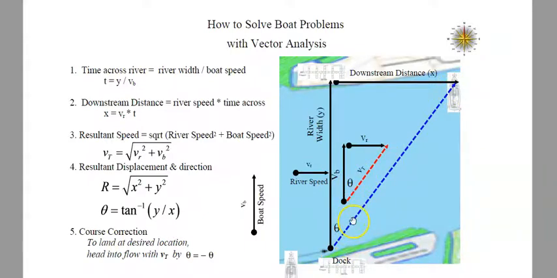The angles of both are the same, but the actual magnitudes, the amount of the distance covered in displacement is a much larger number. This is the physical distance the boat traveled across the river. This is the speed triangle, and this is the speed the boat traveled in the direction of theta. That's what makes it a vector. And finally, the course correction. You have to go into the flow at the same angle you were pushed out of the flow.